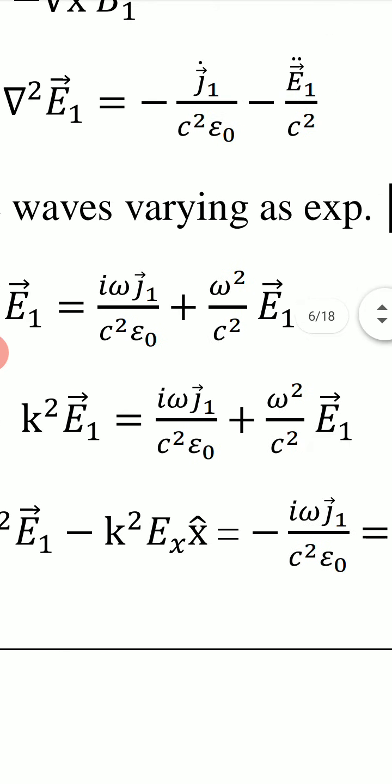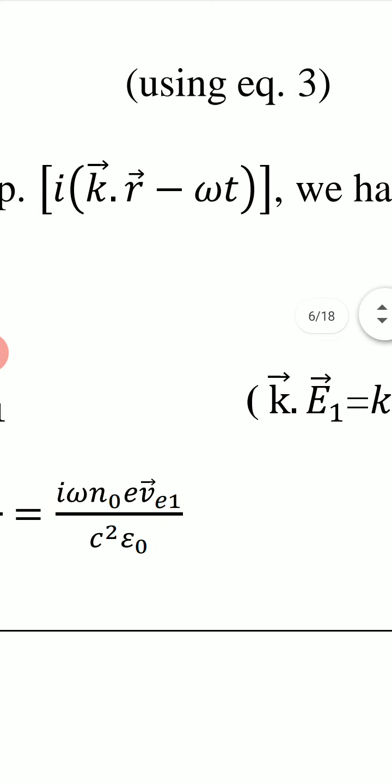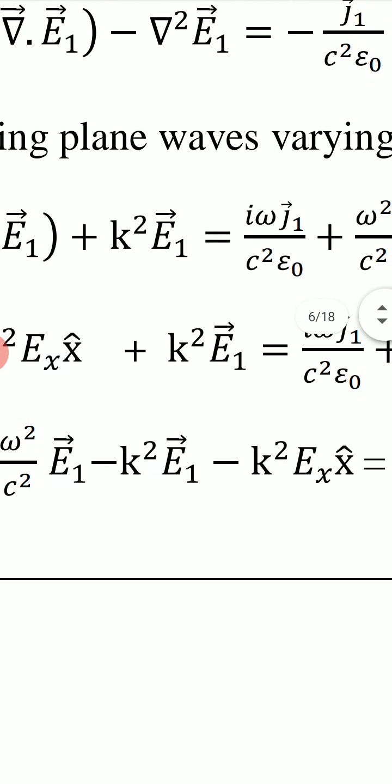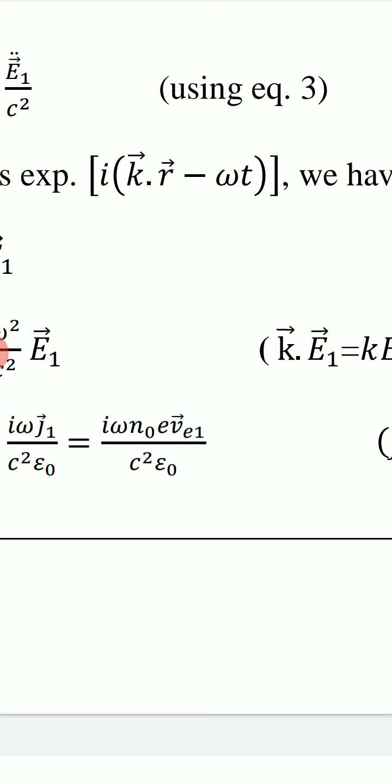Now assuming a plane wave varying as e to the power i k vector dot r vector minus omega t, the partial differentiation with respect to t, del upon del t, will be equal to minus i omega, because in the exponential with time t we have minus i omega.